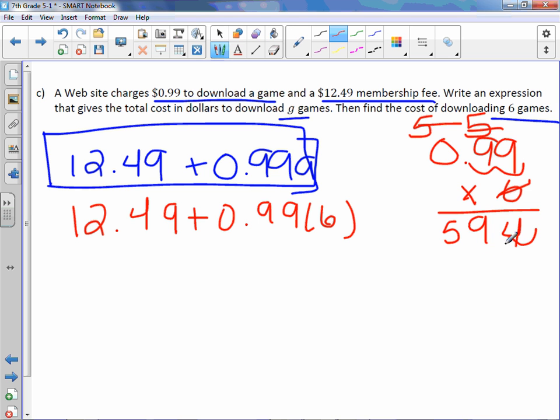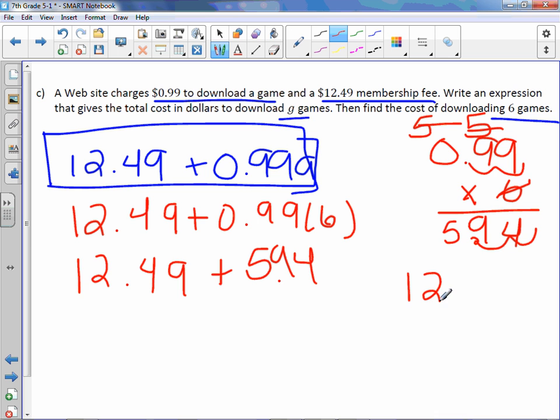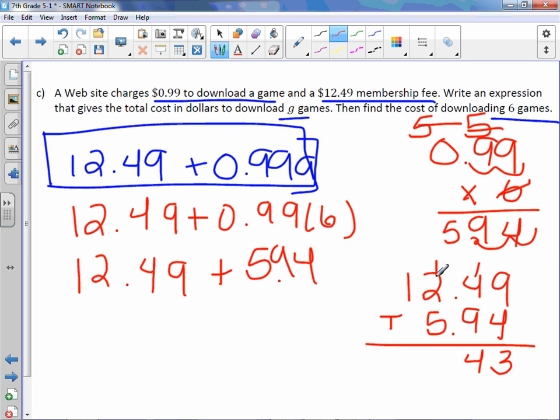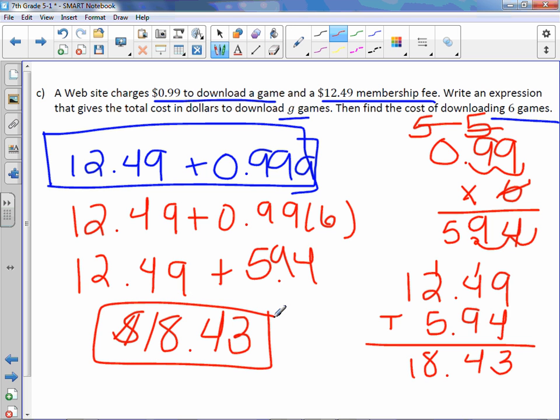Add our decimal point. So we have 12.49 plus 5.94. Let's add these up. Line up those decimals. So it costs $18.43.